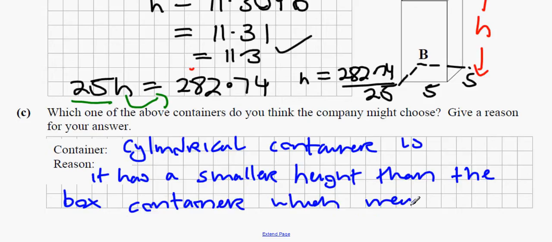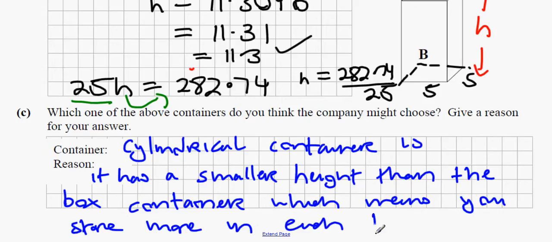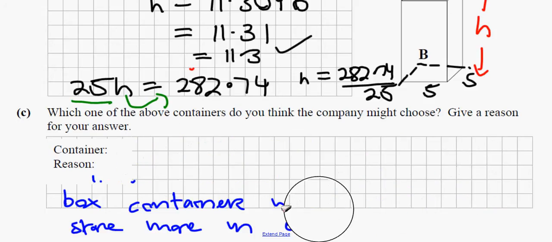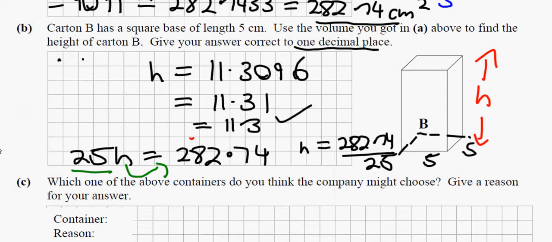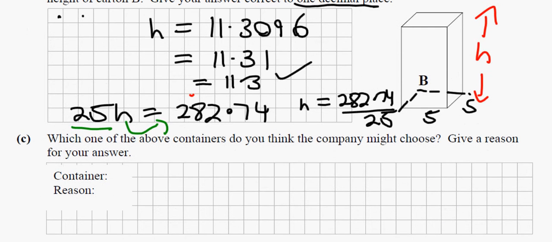You could store more in each box. Okay, that's one argument. The other argument is you could also say that you could go with the box, right? I'll tell you why.